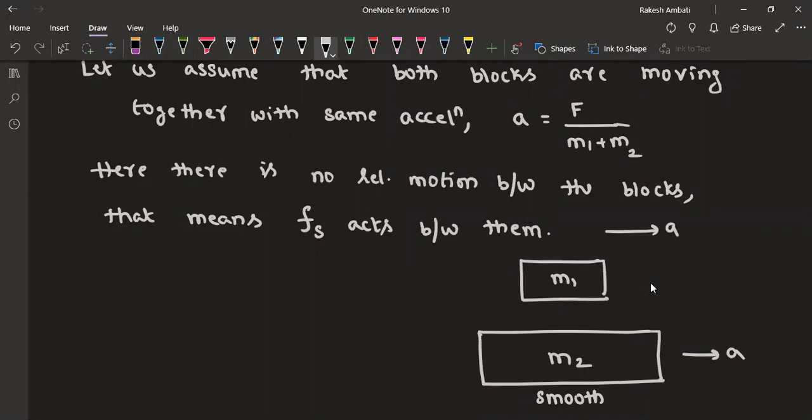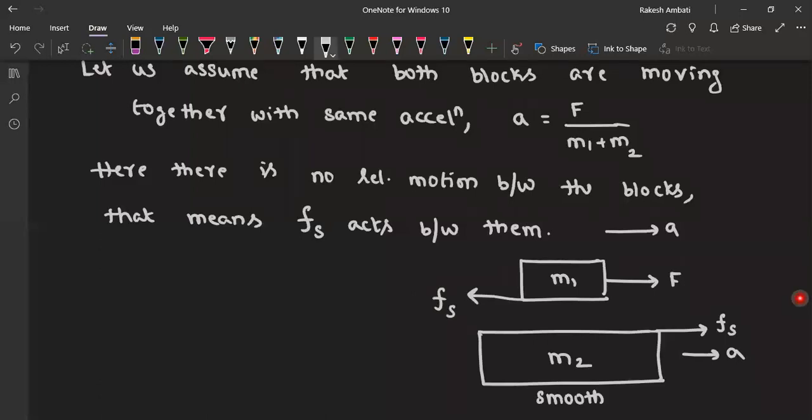M2 block is moving rightwards, so on M2 block, what is the driving force? Frictional force, acting forward, static, in the rightward direction. Then on M1, the static frictional force is backward, leftwards.